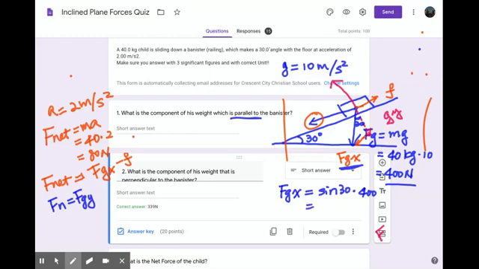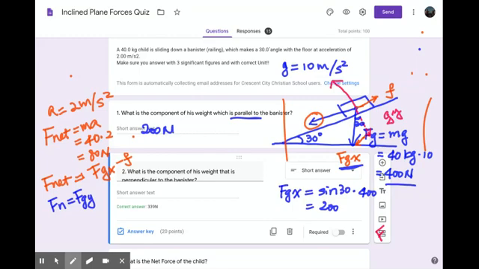You get 200. So the component of the weight is 200 Newton.